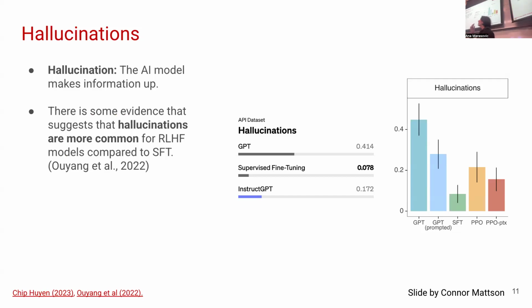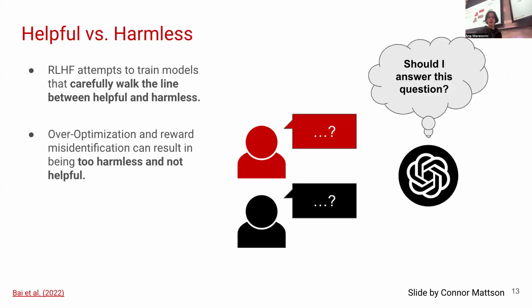We have already talked about the problem of hallucinations, when AI makes something up which contradicts our knowledge or doesn't exist in the real world. And people have observed that hallucinations can become worse with RLHF. Then we have these two things. Have you ever experienced that an LLM just refuses to tell you something which you deem to be benign? Not really?